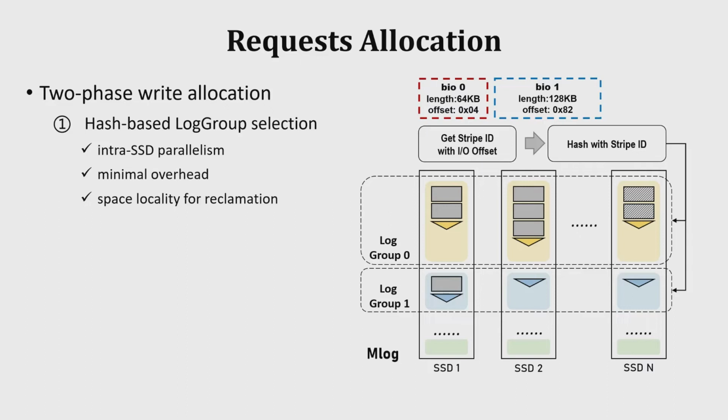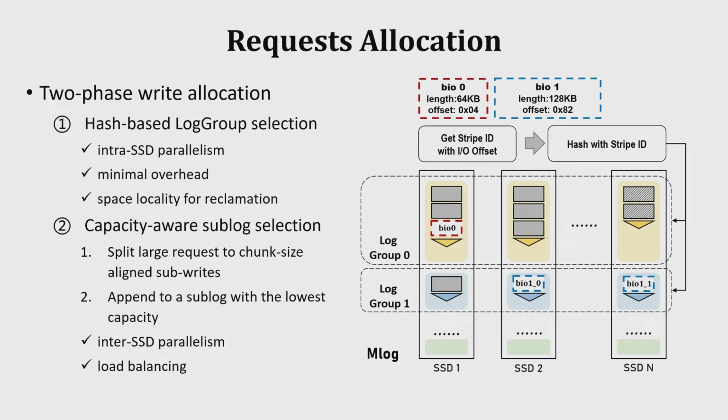This hash-based allocation has three advantages: reaping the intra-SSD parallelism, less scheduling overhead, and better space locality for buffer data. It means that requests targeting the same RAID stripe would be redirected to the same active log group, compared to an intuitive approach of randomly redirecting requests to log groups. This method improves the efficiency of buffer reclamation.